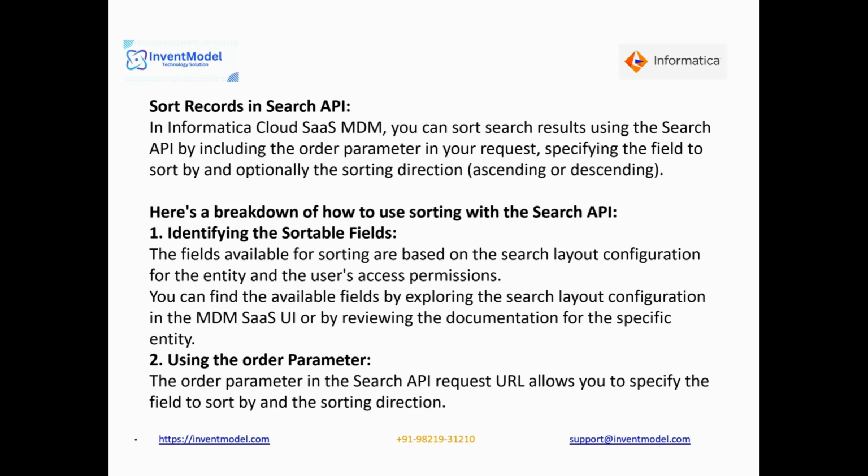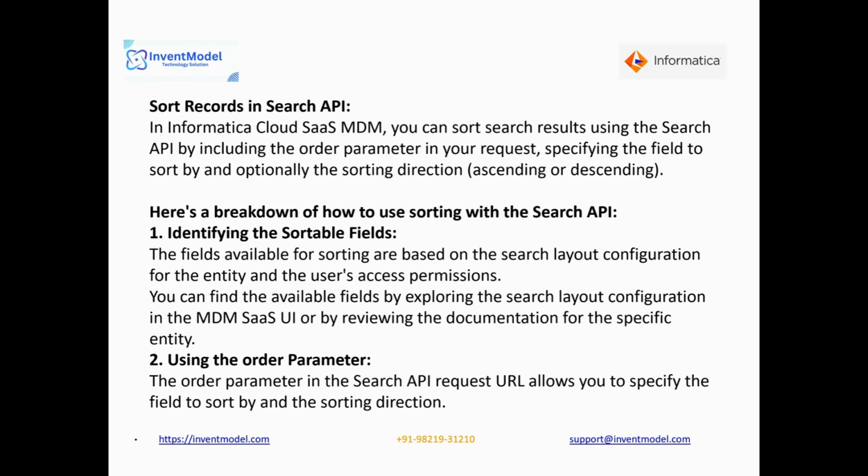The first thing is to identify the sortable fields. The fields available for sorting are based on the search layout configuration for the entity and the user access permissions. We can find the available fields by exploring the search layout configuration in the MDM SaaS UI or by reviewing the documentation for a specific entity.